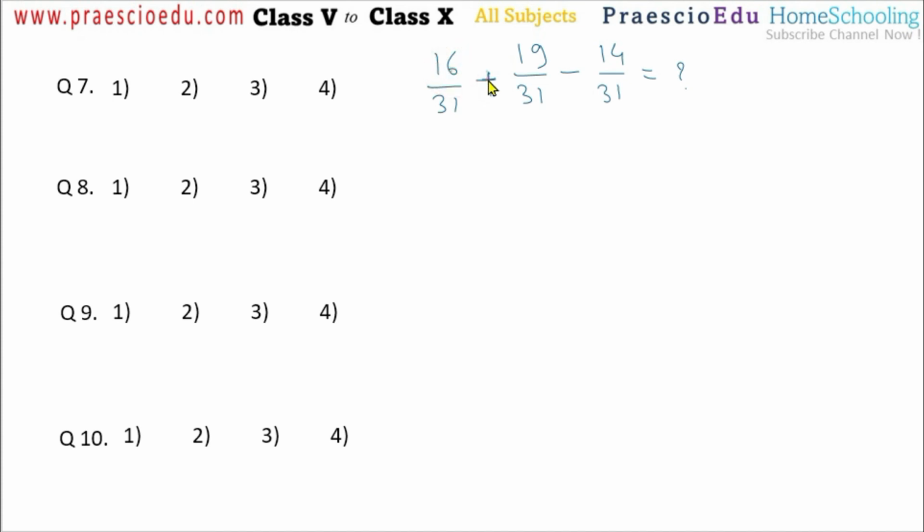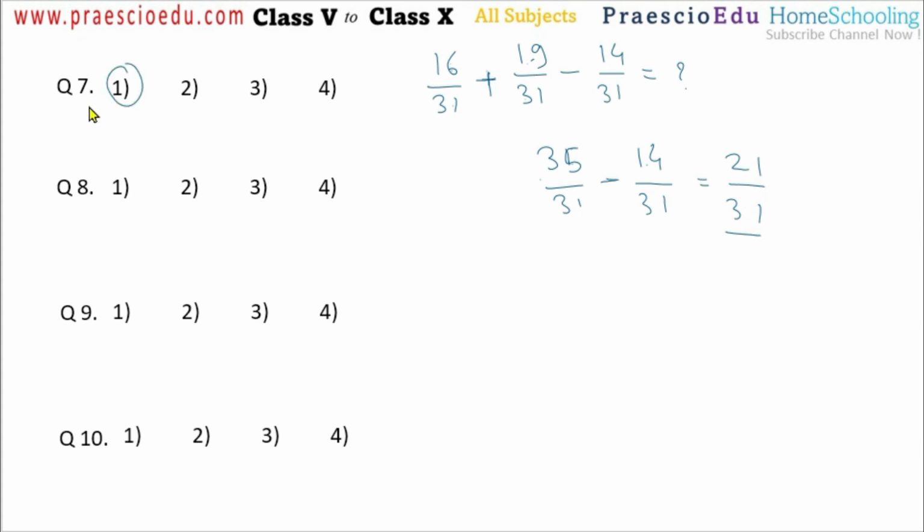The denominators are the same, so these are like fractions and we can operate on the numerators. 16 plus 19 is 35, so 35 by 31 minus 14 by 31. Then 35 minus 14 is 21, so 21 by 31, and this is given in option number 1.